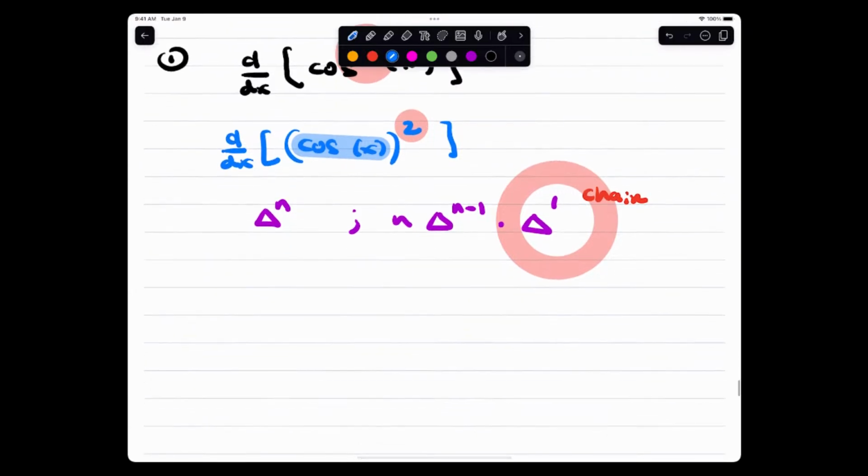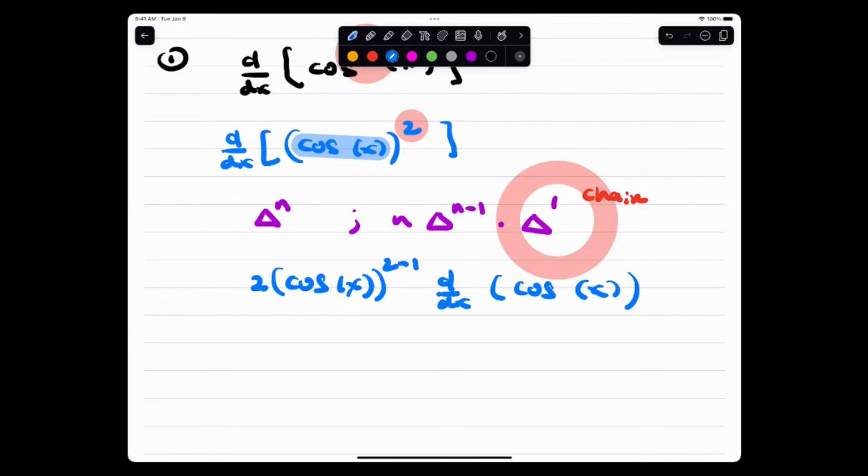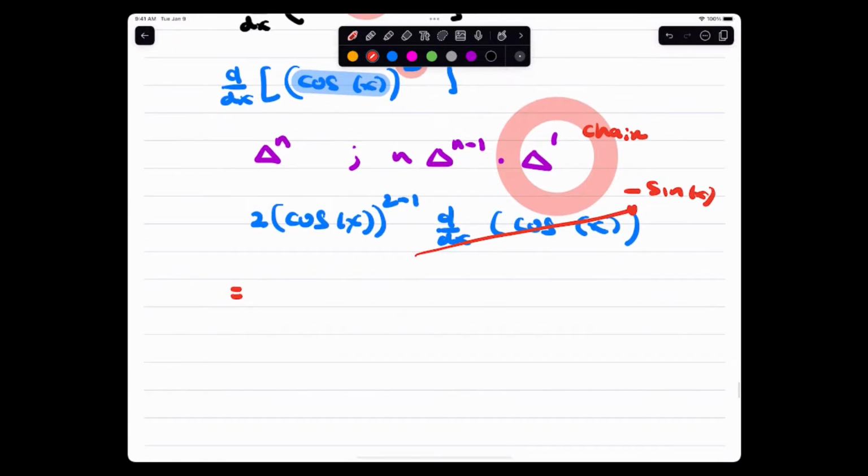Now what does that mean? Well, it means I have 2 cosine of x to the 2 minus 1, which is 1, but by the chain, differentiate what? Cosine, okay? You guys okay with that? And now what's the derivative of cosine? Negative sine.